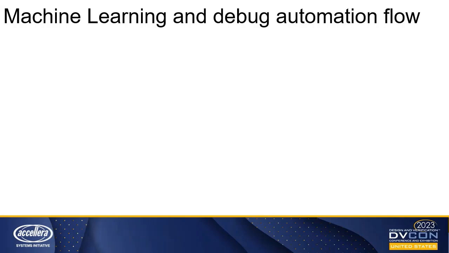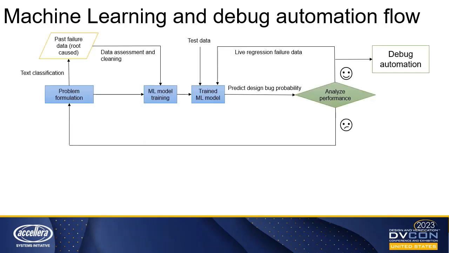Thank you, Vyasa. So now we discussed the machine learning and debug automation flow used in this paper. We already discussed in the previous slide that the problem is formulated as a text classification problem with two classes, which is basically binary classification.